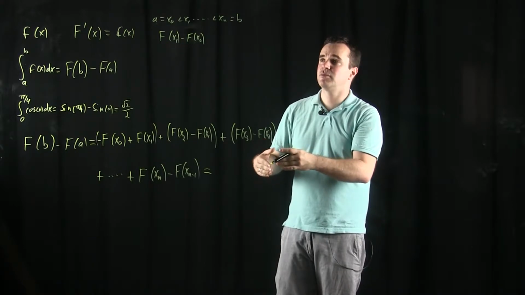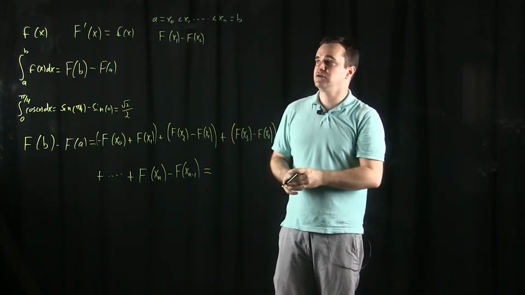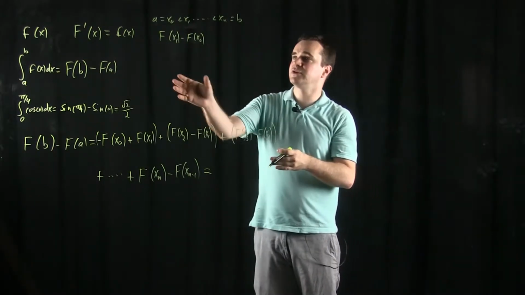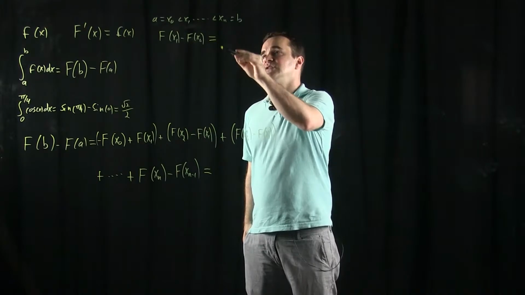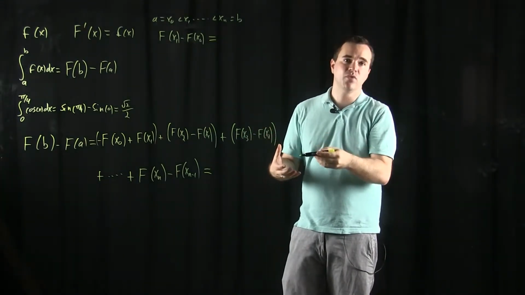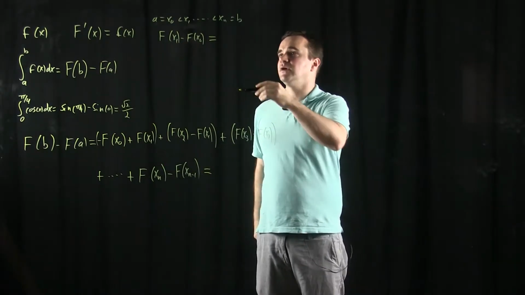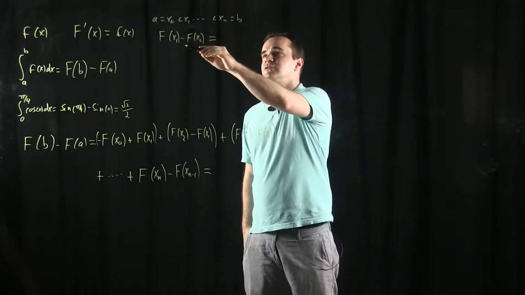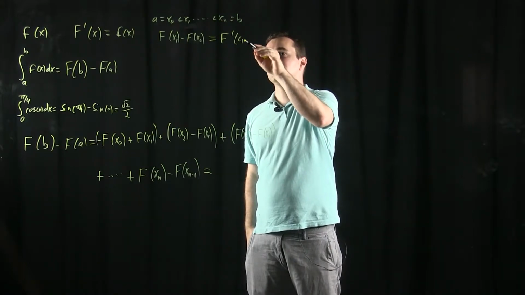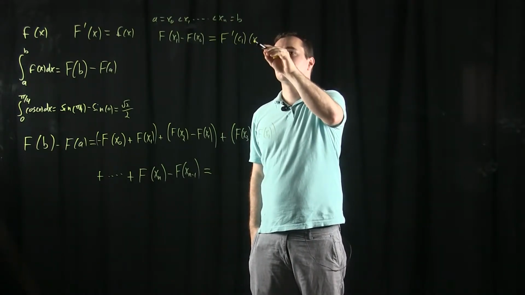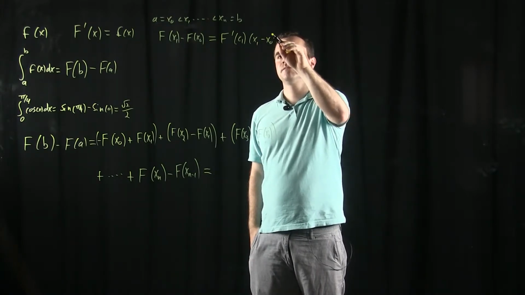The mean value theorem applies when you've got a differentiable function that's continuous on the interior. Every differentiable function is continuous, so the mean value theorem does apply to this. And the mean value theorem says that there must exist a point, call it C1, between x0 and x1, such that this difference is equal to F prime of C1 times x1 minus x0.